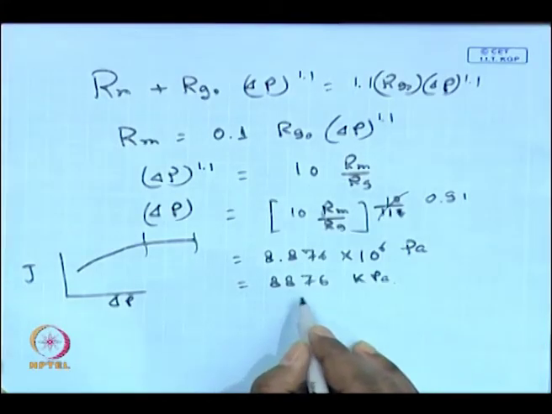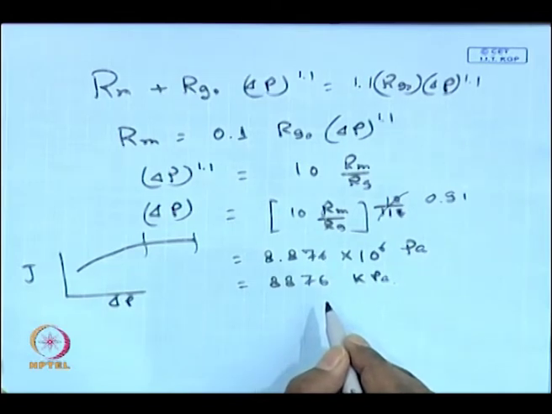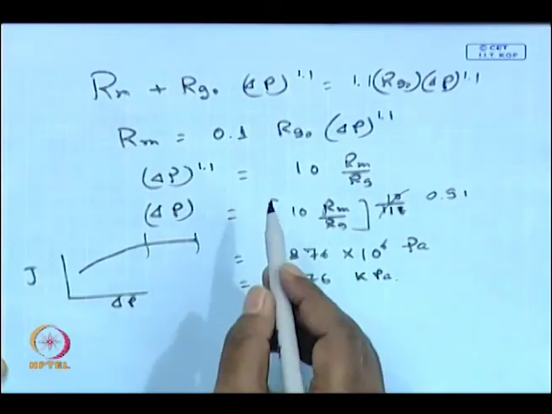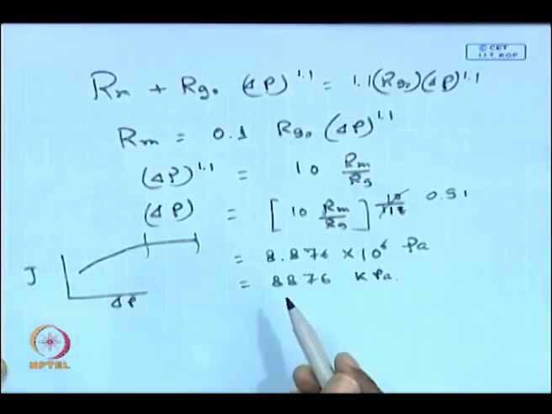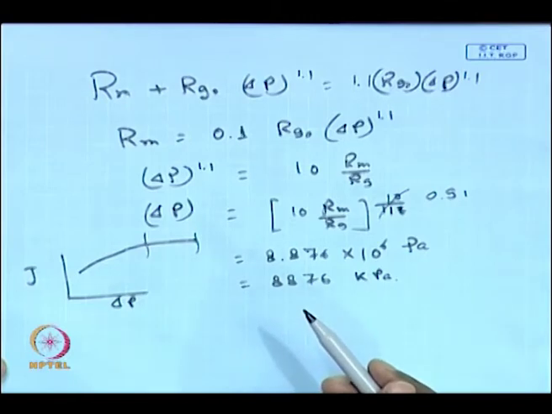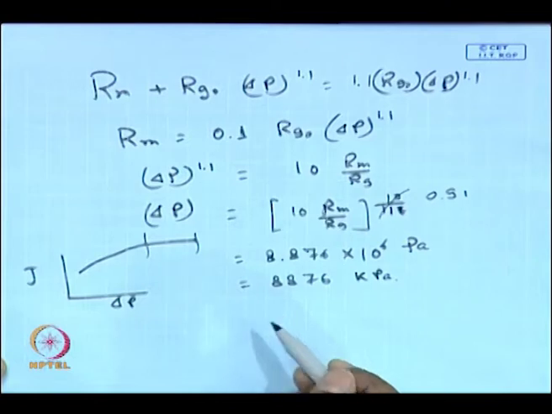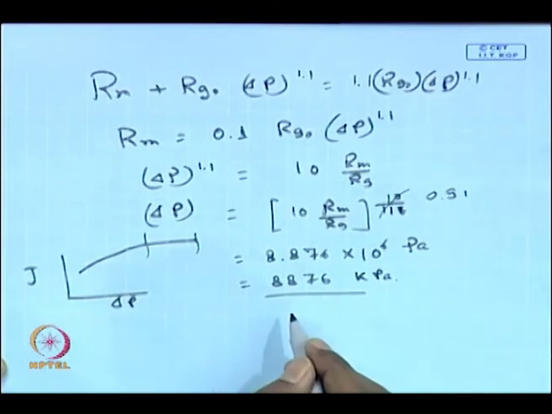Dividing by 101, this turns out to be around 88 atmosphere. So, at a pressure of about 88 atmosphere, this gel layer, which is a given function of delta p, in terms of gel layer thickness and resistance, will be incompressible and independent of delta p when your operating pressure is extremely high.